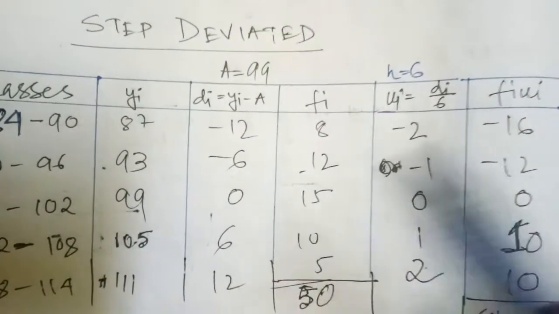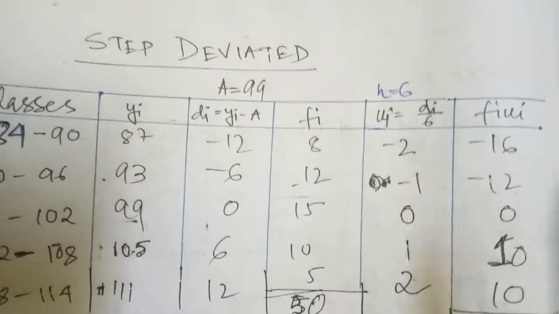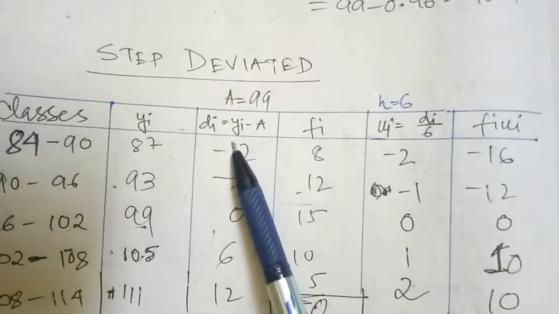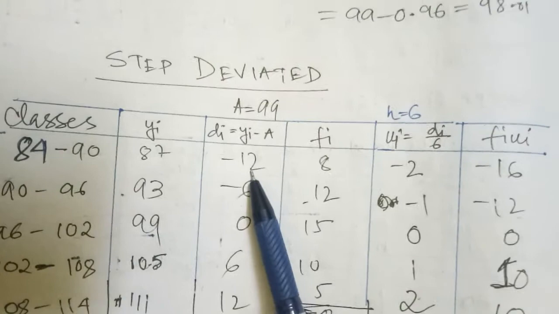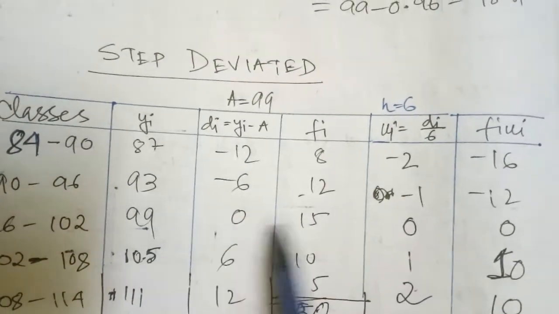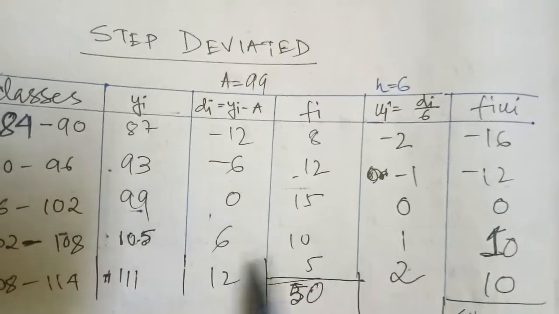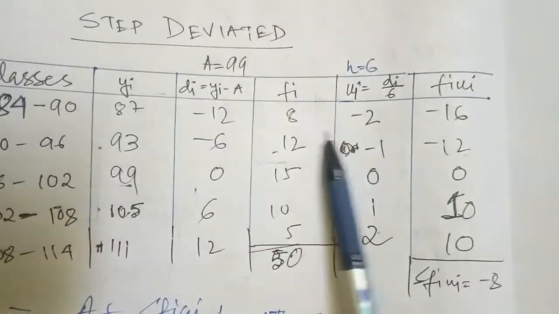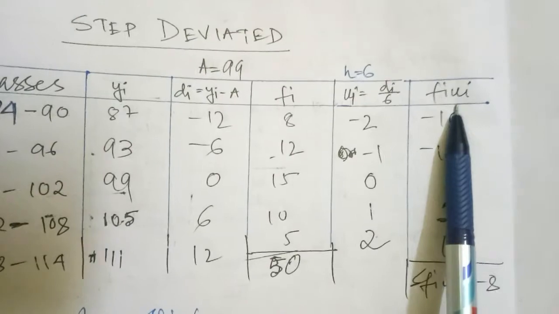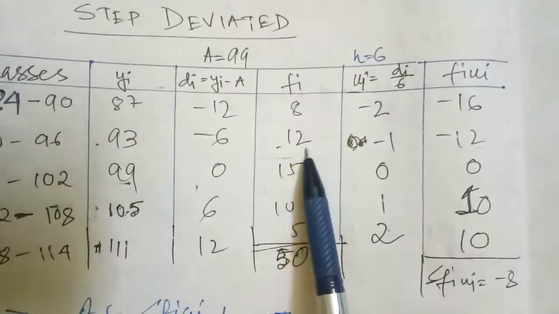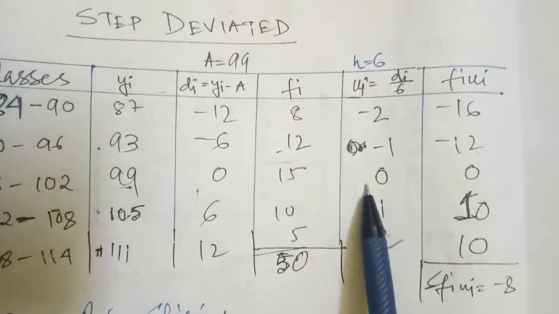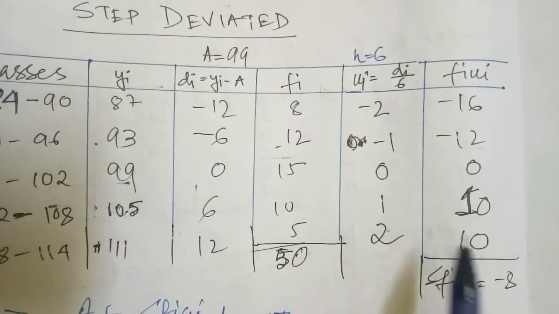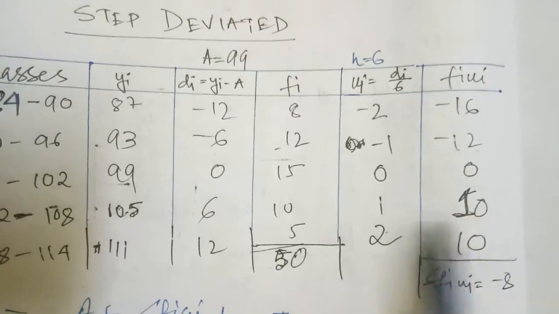For this purpose, what I am doing is dividing by 6. For ui, you have di as minus 12. Minus 12 by 6 will be minus 2, then minus 1, 0, 1 and 2. Now you multiply fi into ui: 8 into minus 2 is minus 16, 12 into minus 1 is minus 12, 15 into 0 is 0, 10 into 1 is 10, and 5 into 2 is 10.